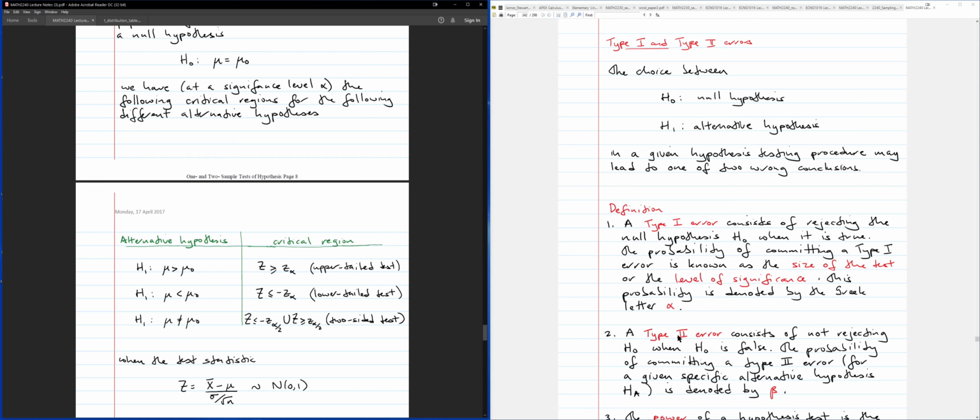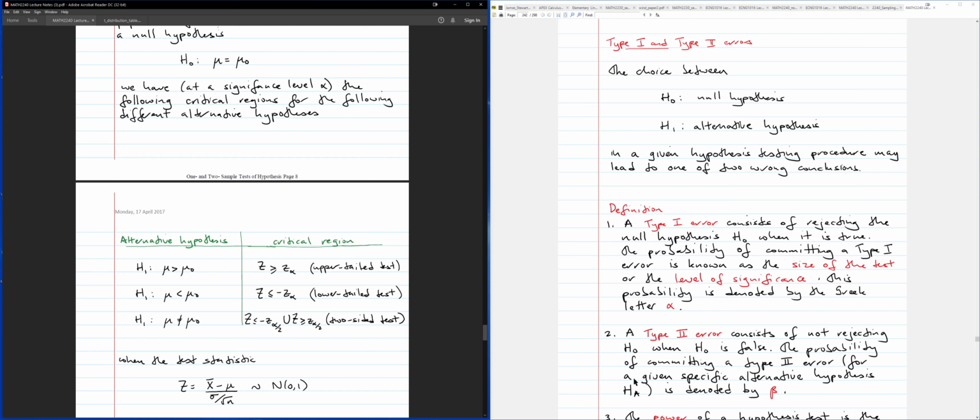Okay, on the other hand, you have a type 2 error, right? And a type 2 error is when you do not reject H0 when the H0 is actually false, right? Now, the probability of committing a type 2 error is denoted by beta, right? And in order to calculate the probability of committing the type 2 error, you need a specific alternative hypothesis, right?